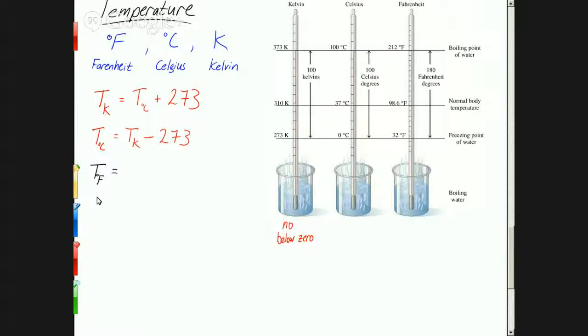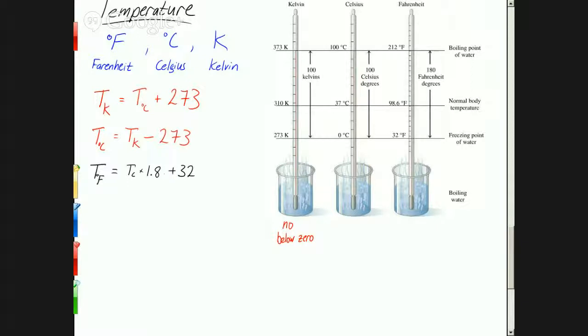If we want to solve for the temperature in Fahrenheit from the temperature in Celsius, we take the temperature in Celsius, we multiply it by 1.8, and then we add 32.